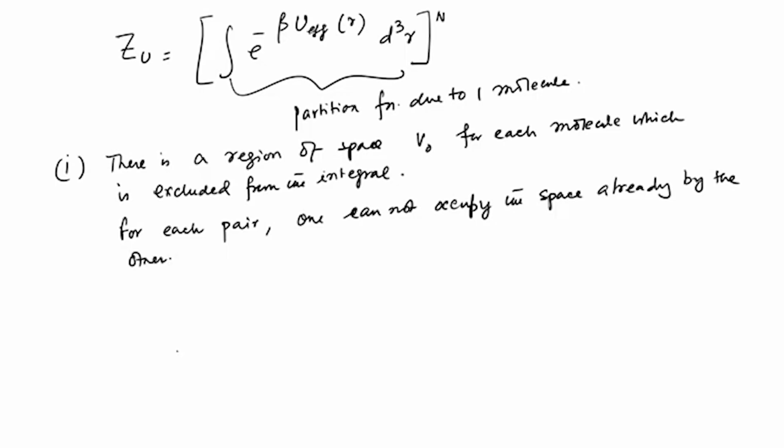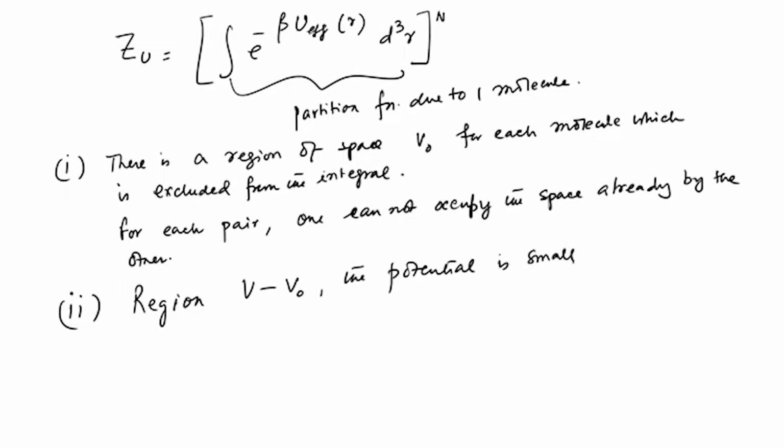And there is also an important thing that in this region, which is this region of V minus V0, okay, the potential is smooth, that is the U effective is smooth, it does not vary abruptly in this region, which is the difference between the volumes V minus V0, which means that your U effective can actually be replaced by the average value of U effective.